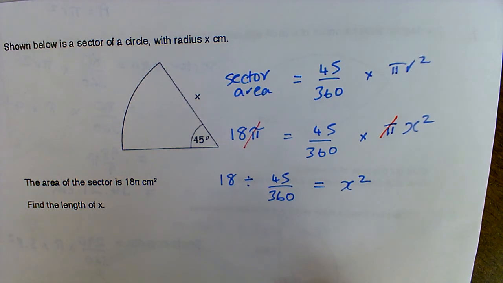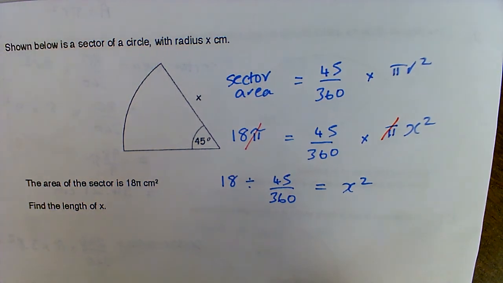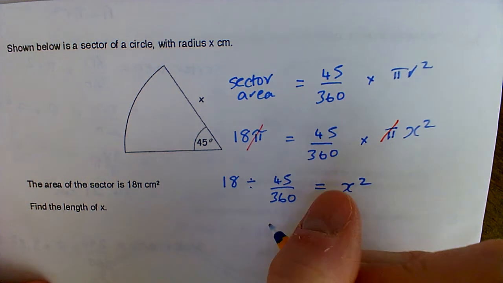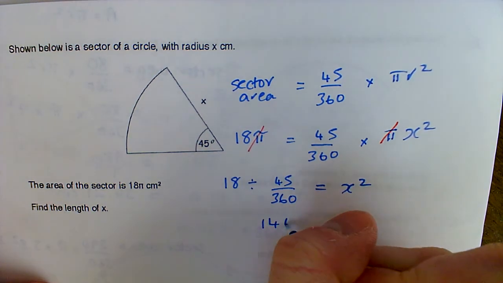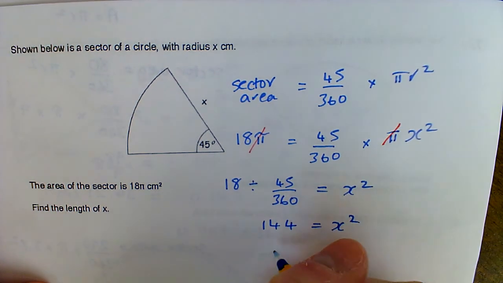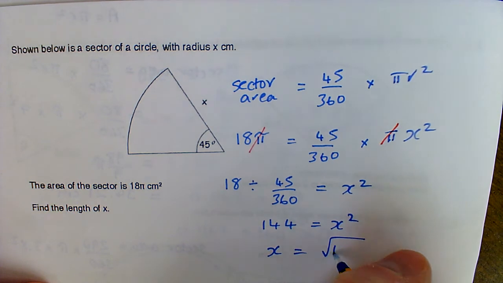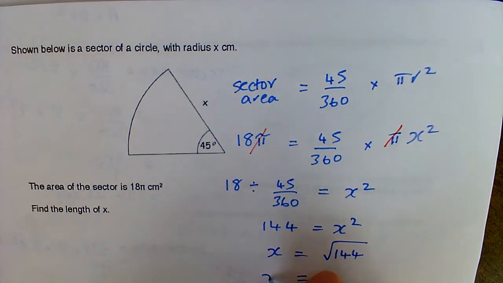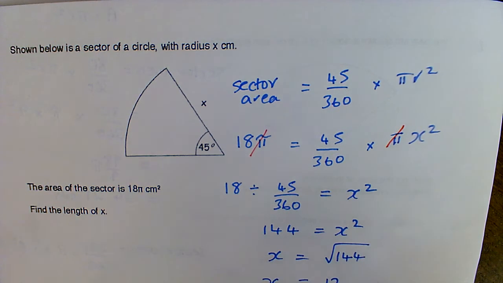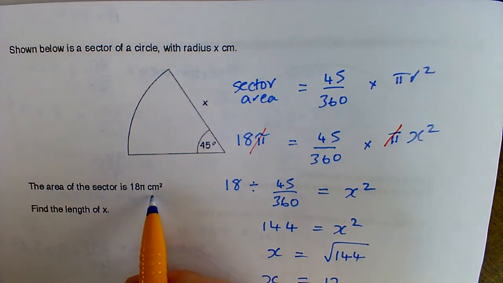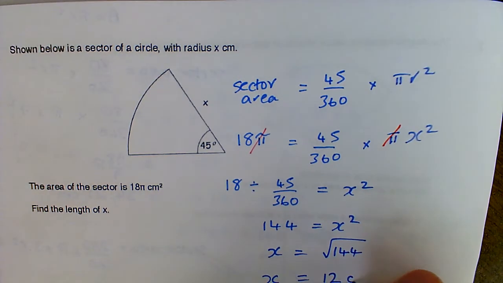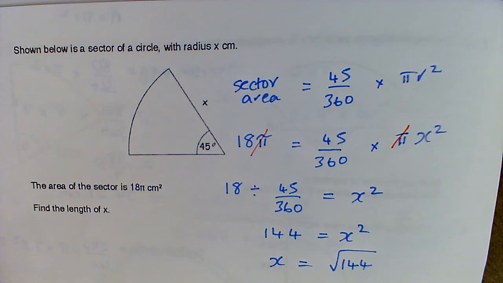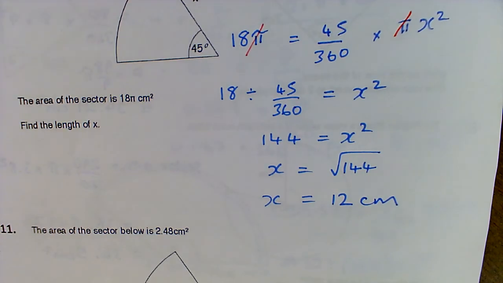So we get 144 is x squared, and then we take the square root of that to get x, and we get x is 12, and it's a length, so our area was centimetres squared, so our length has to be in centimetres.